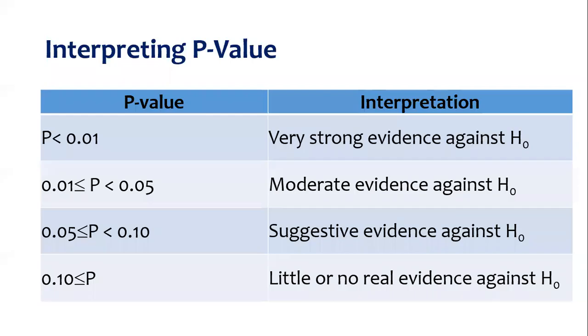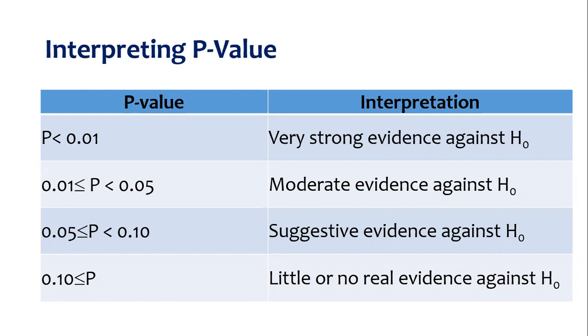How do you interpret your p-value? A lot of things in scientific publication, everything is about p-value, p-value, p-value. Simple interpretation, but I'm sure we'll delve more into this in subsequent lectures.